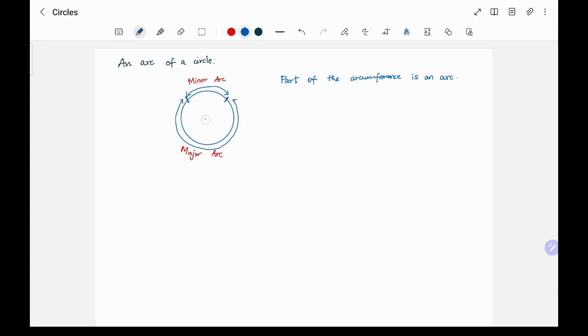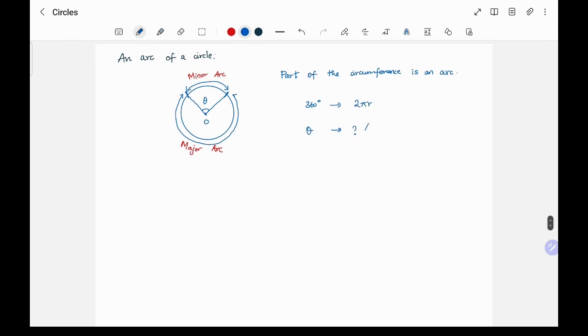If you join from the center and this makes an angle theta, the entire angle 360 degrees will make the circumference, right, which is 2 pi r. For theta we want to find the arc length. Again we can use ratios here, right? 360 degrees by theta is equal to 2 pi r by arc length.